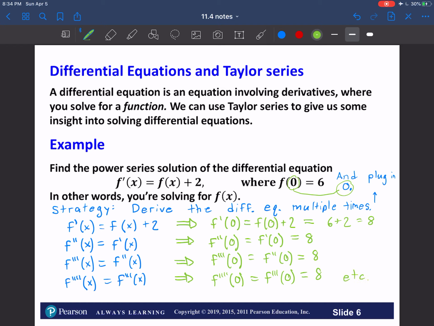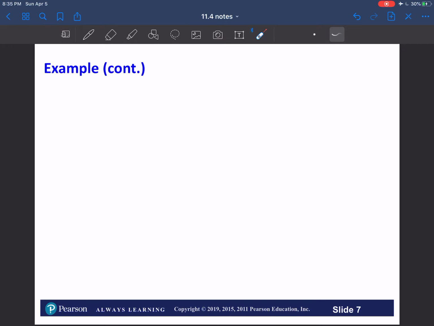So the takeaway here is that every derivative evaluated at 0 is equal to 8: f prime of 0, f double prime of 0, f triple prime, f quadruple prime, all equal to 8. Now, let's consider the Maclaurin series for f of x.